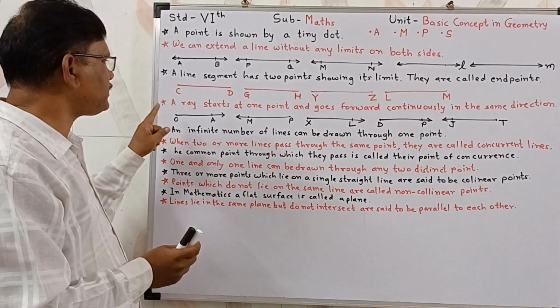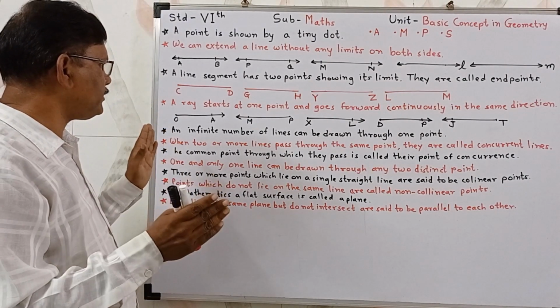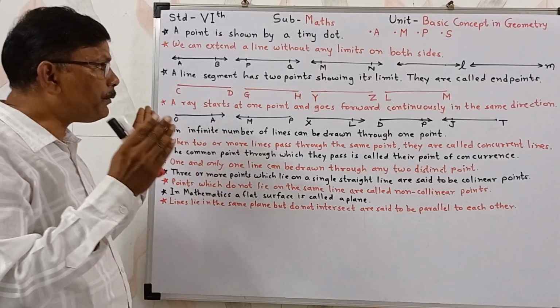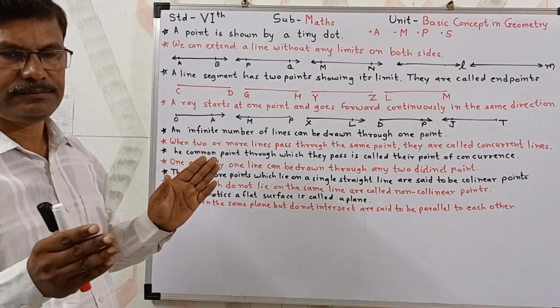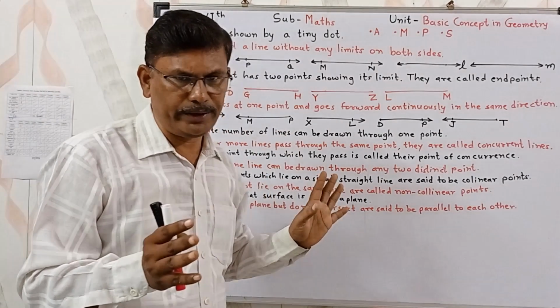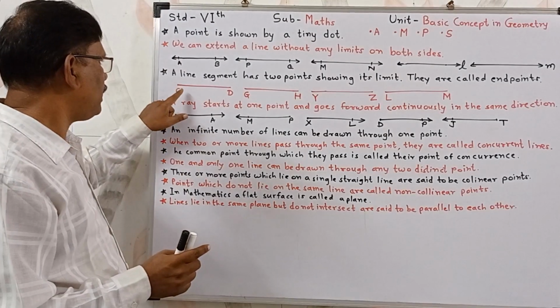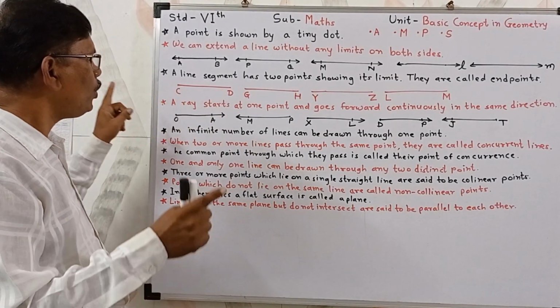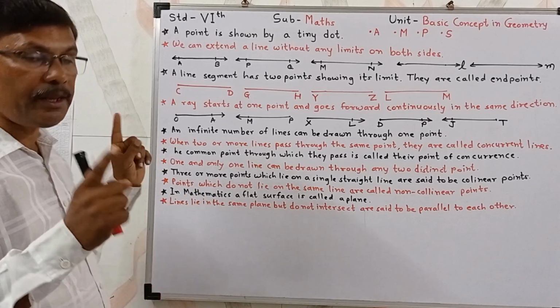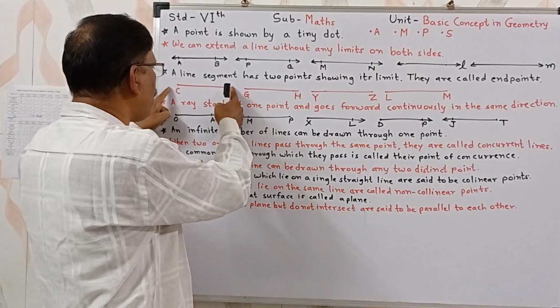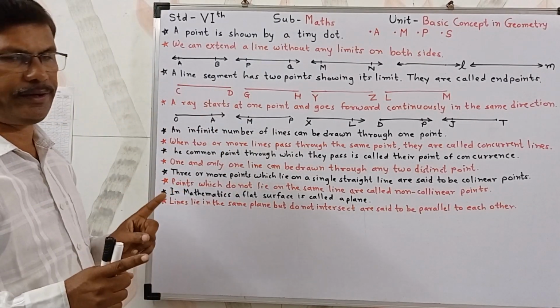A line segment has 2 points, the ending points, and these points are called end points. A line segment has 2 points showing its limit, and they are called end points.